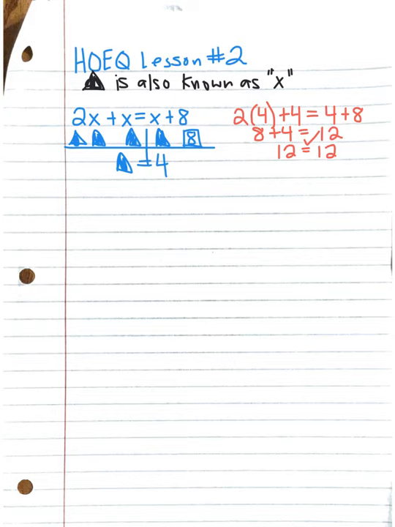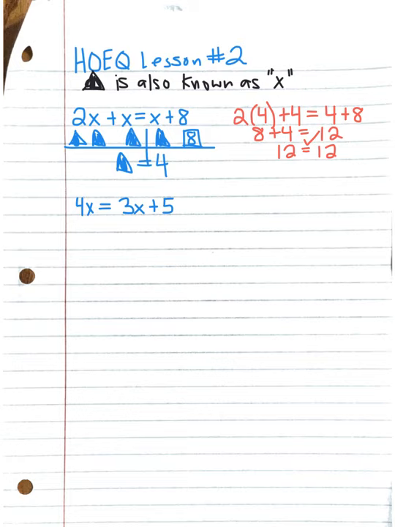All right, let's try another one. On this one, we have 4x is equal to 3x plus 5. I want you to pause the video, and the first thing I want you to do, even if you don't know how to solve it, is see if you can at least represent it using those pawns or triangles and our blocks.